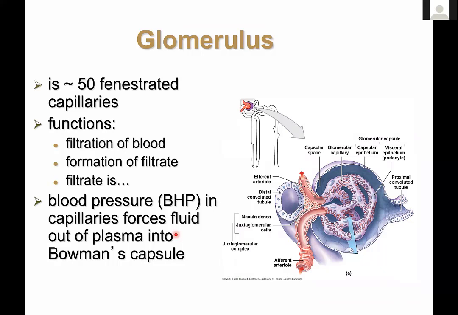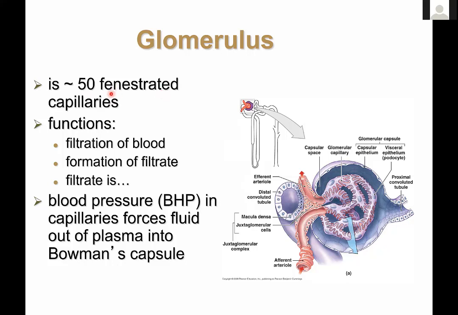So let's discuss the glomerulus. The glomerulus is a specialized capillary bed, as I mentioned, and notice the afferent and efferent arterioles are both arterioles, meaning that this is not a capillary bed at which gas exchange takes place. So it's about 50 or so capillaries, and these are fenestrated capillaries.